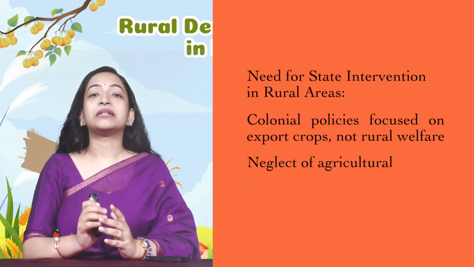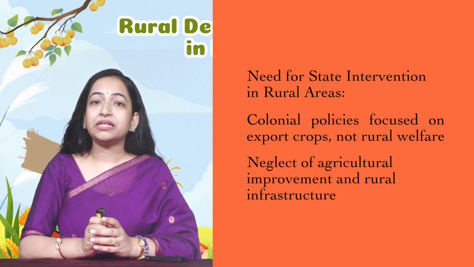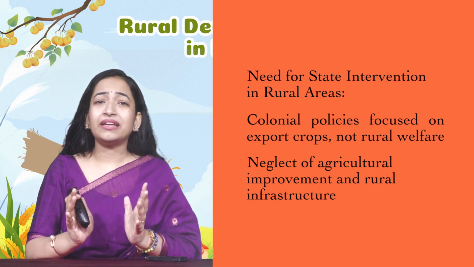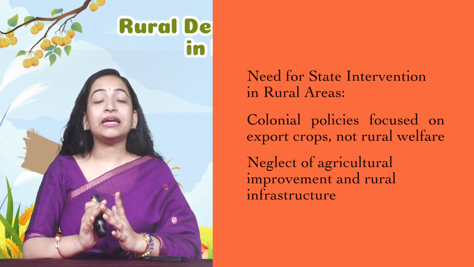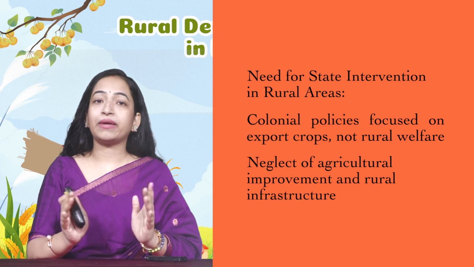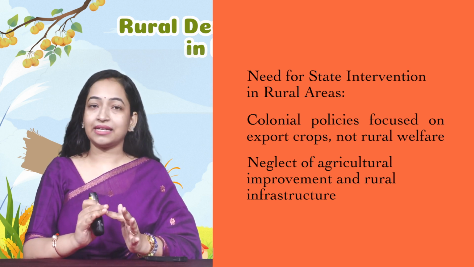Although agriculture constituted the economic background of the population, the colonial administration had shown little initiative in improving agricultural practices, focusing instead on the cultivation of export-oriented crops like cotton, jute, and tea.